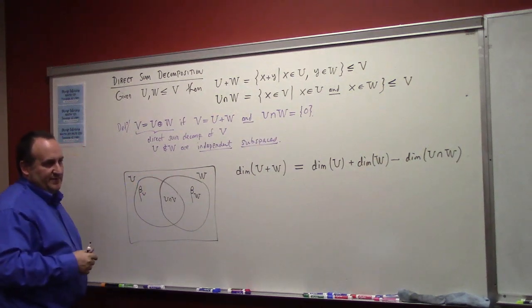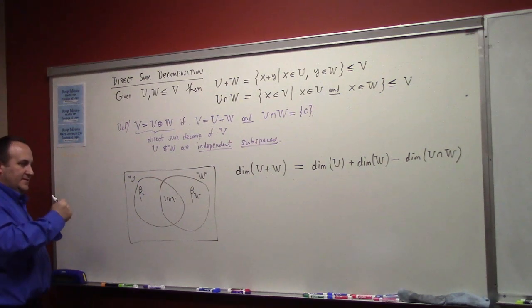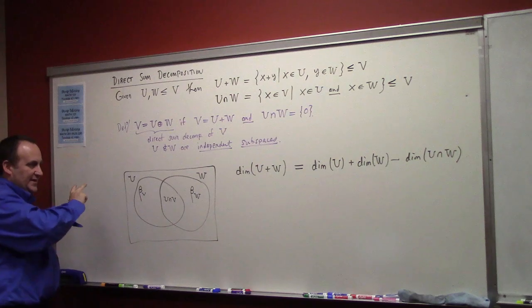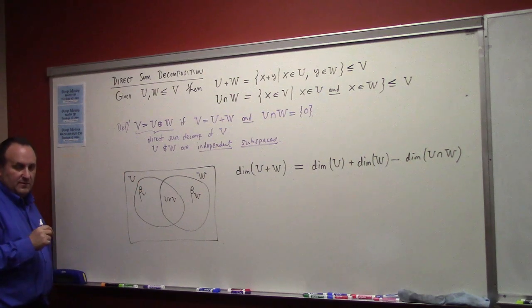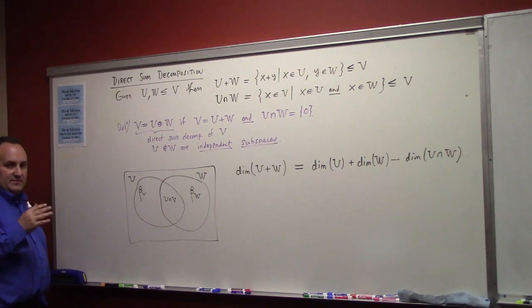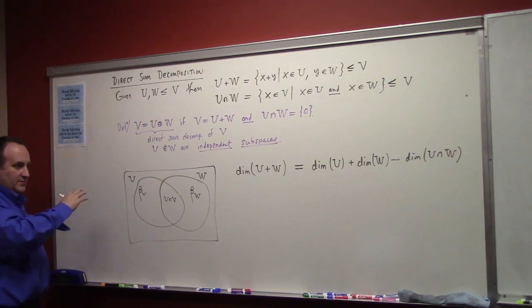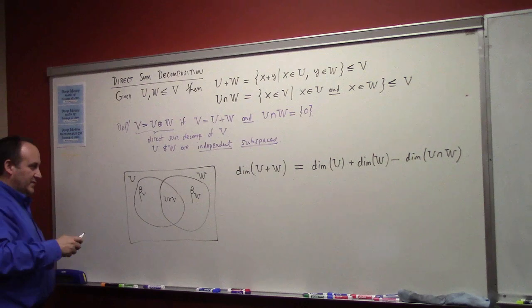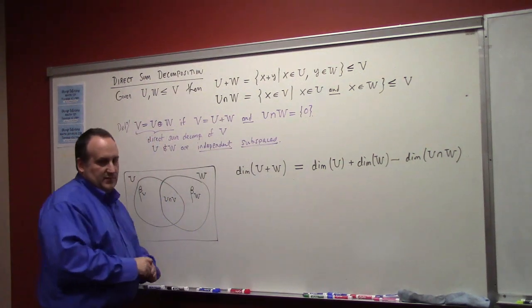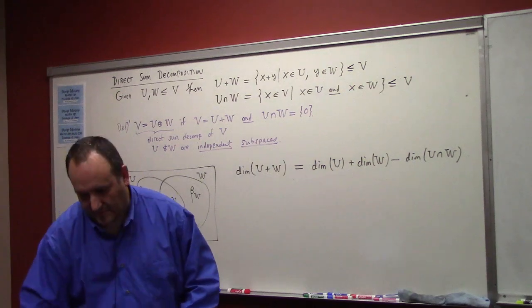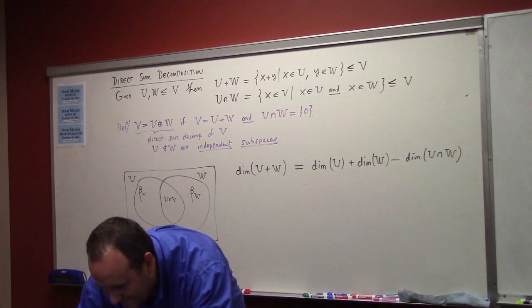To prove this theorem, we have to somehow think about taking a basis and building it for U and U plus W. I think what we could do is not be dumb and look at my notes. That's what we should do.